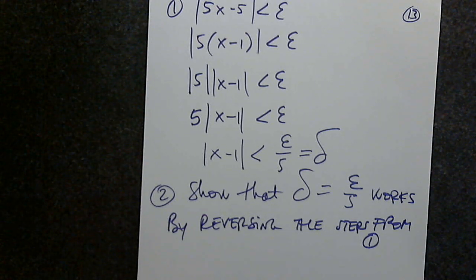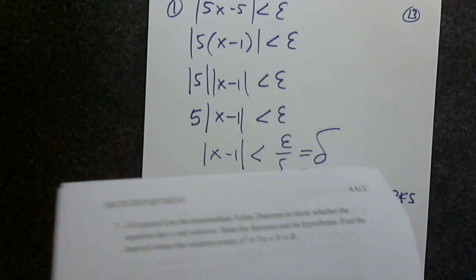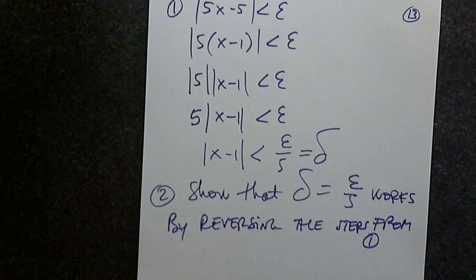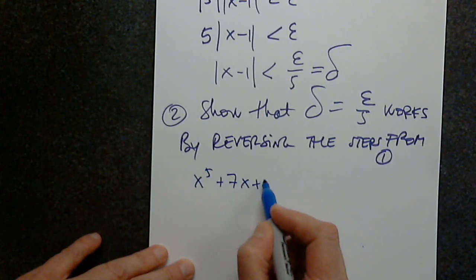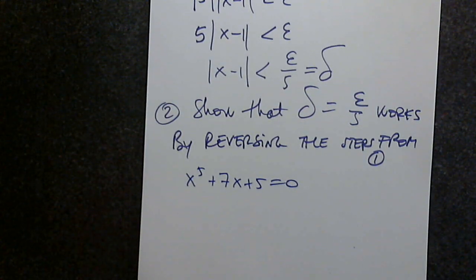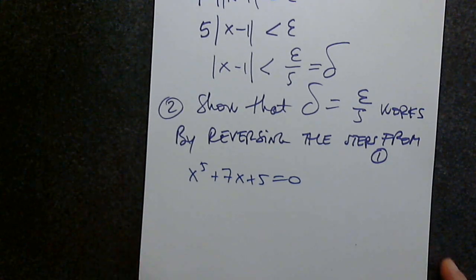Number 7, let's take a look. In number 7 we have the equation x to the 5th plus 7x plus 5 equals 0, and we're asked to use the intermediate value theorem. So remember our starting point, like the squeeze theorem, we have two hypotheses.